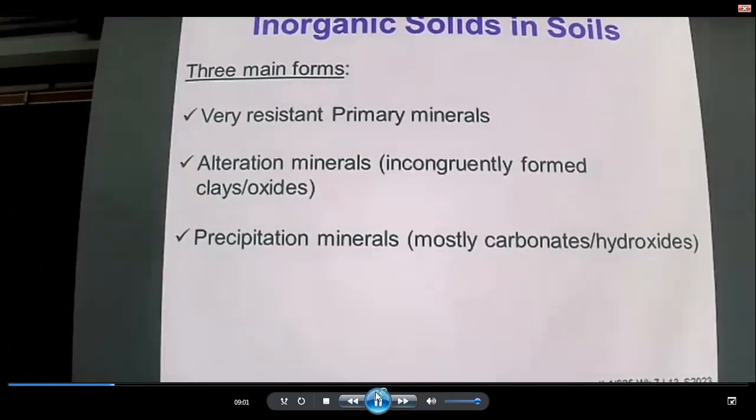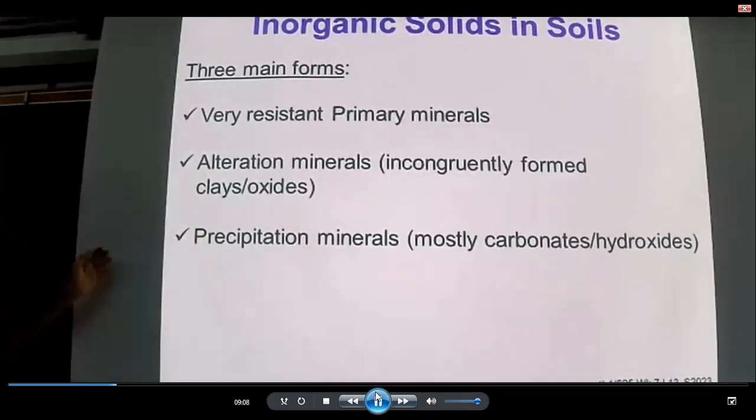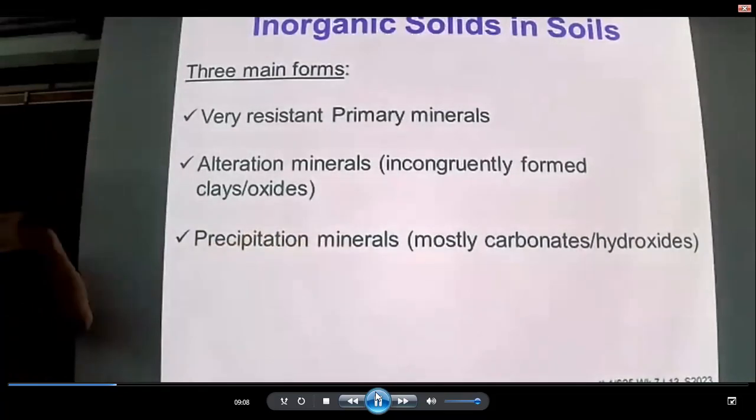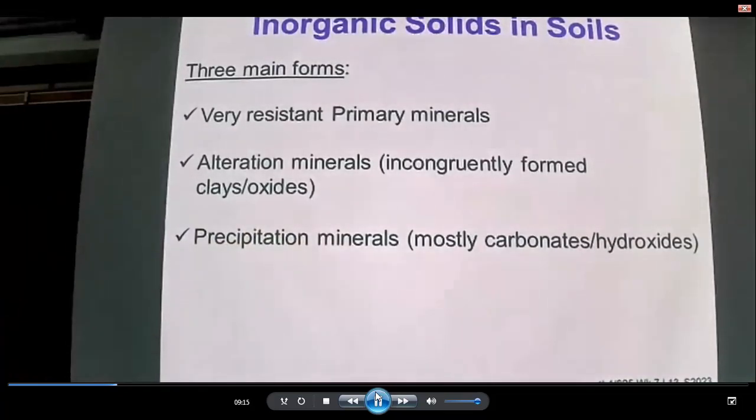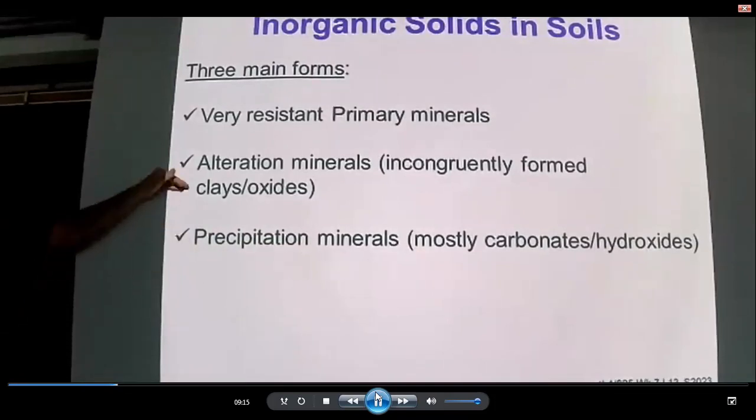These are typically things like clay minerals and oxides and hydroxides, commonly called oxyhydroxides as a category. And finally, precipitation minerals, things that salt out of solution, like carbonate minerals, as well as some hydroxide minerals like iron oxyhydroxides.